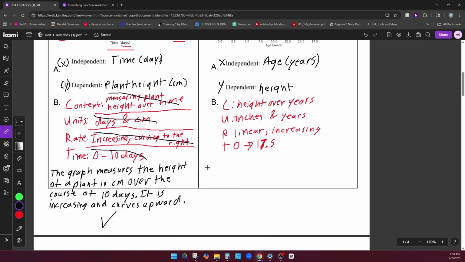Okay, so now we're going to take that information and make a statement about it. So the graph measures the height of a person over 17.5 years.